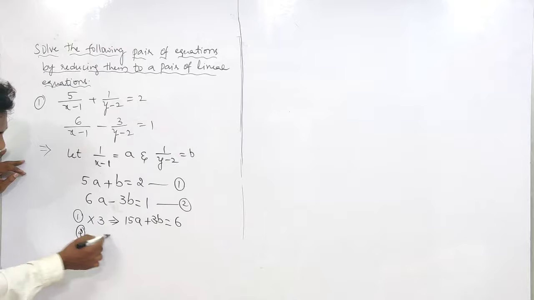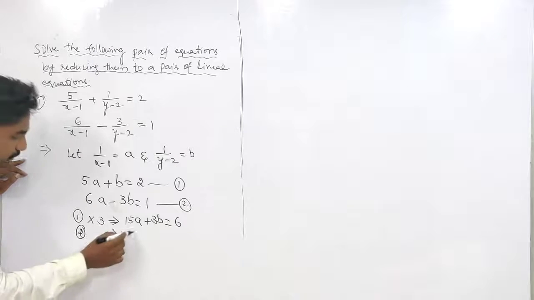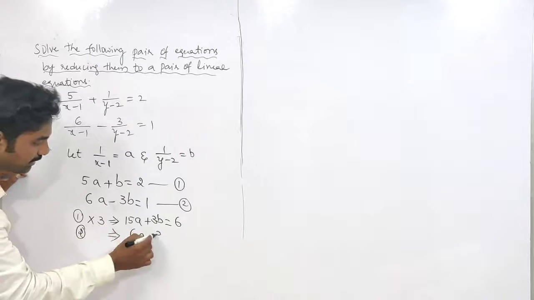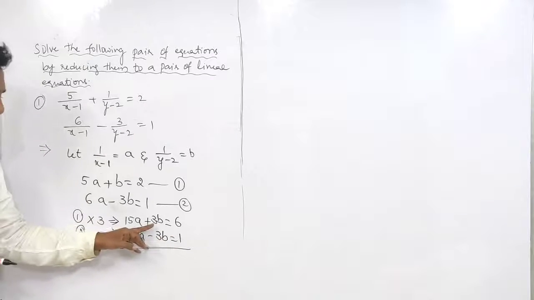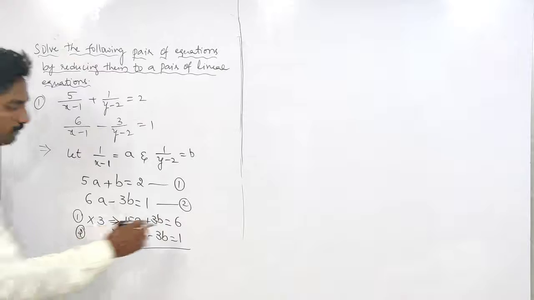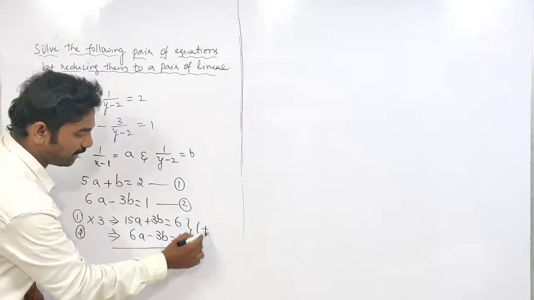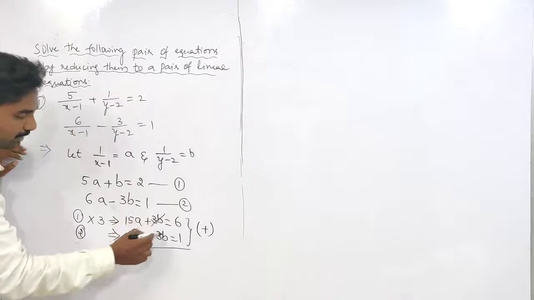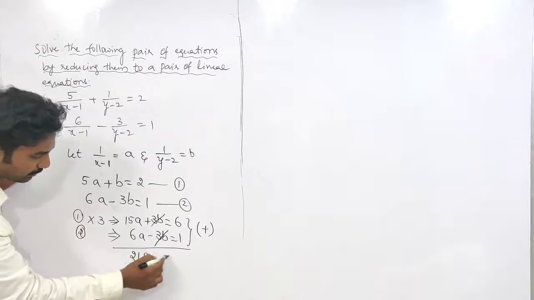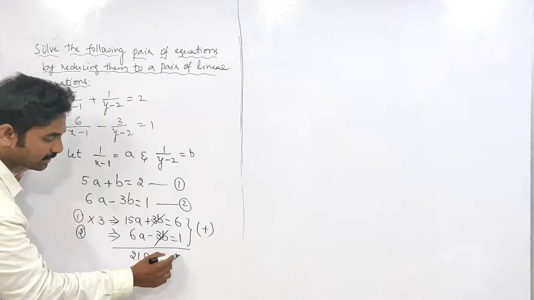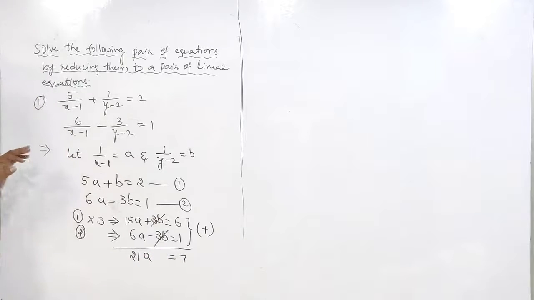And I am writing the second equation as it is: 6a minus 3b is equal to 1. Adding these two equations, plus 3b minus 3b gets cancelled. 15 plus 6 is 21a is equal to 6 plus 1, 7.